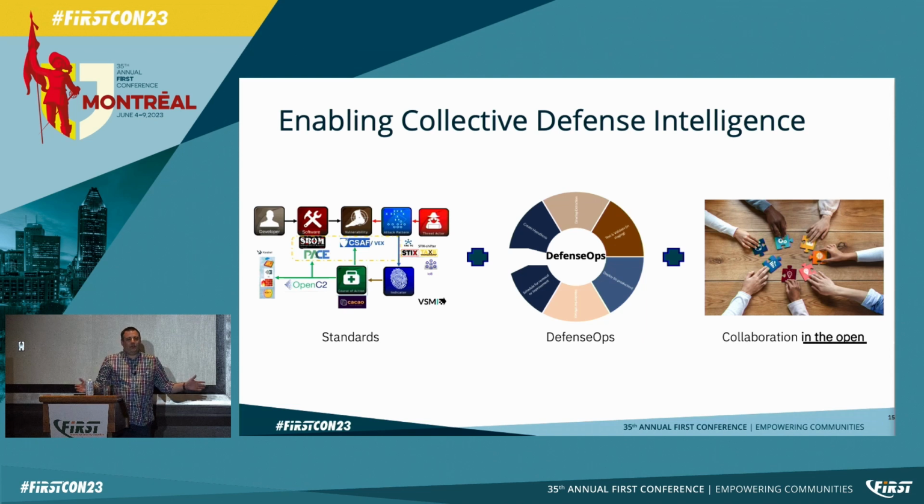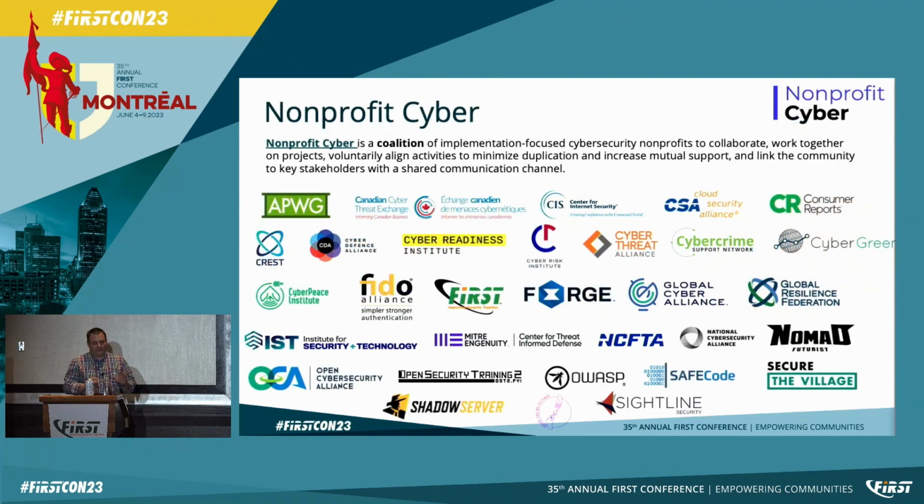And then we're collaborating on all of this in the open, right? So we're not just doing this in our own organization, but we're doing it at a minimum inside my ISAC or ISAO, but ideally, the majority of the time, we're actually doing it in public, right? This would be a game changer in terms of being able to keep up with the adversary.